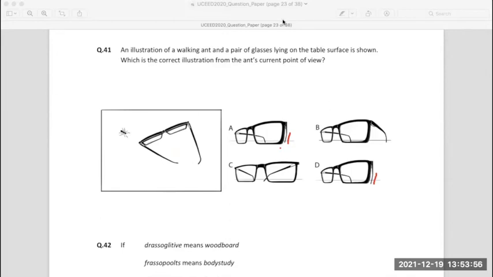Okay. So what will it be, between A and D? A. Why A? Why will A be the correct answer?